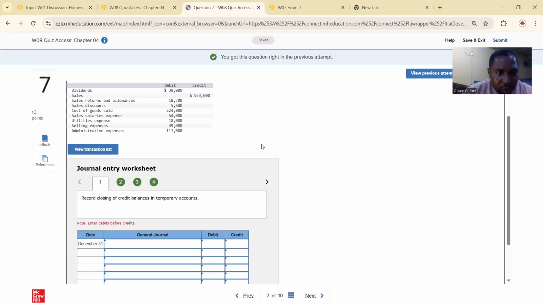We know the sales account is a revenue account, and revenue increases in credits. To close an account, you go to the opposite side, where it decreases. So since revenue increases in credits, sales will be closed in debit.